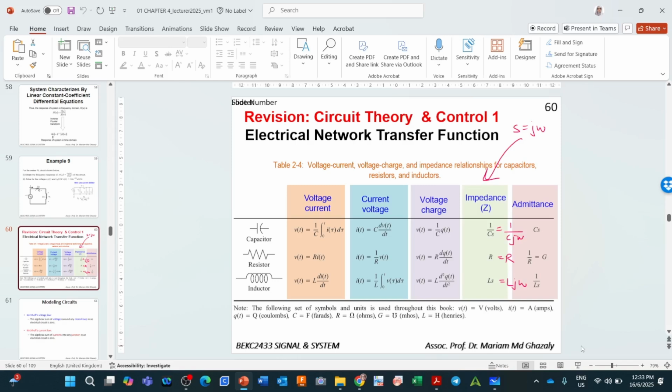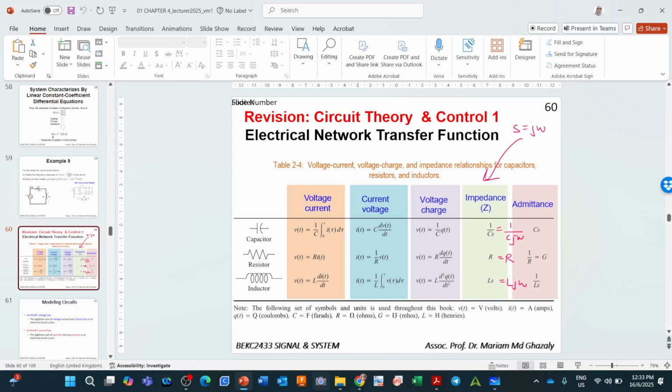Because if you use voltage and current, you will have integration and so on, so we do it this way. Most of the time we are going to use V equal to IR.